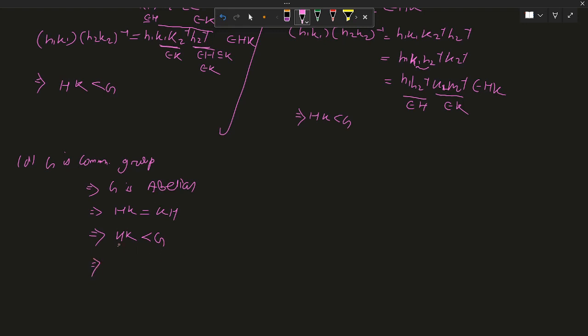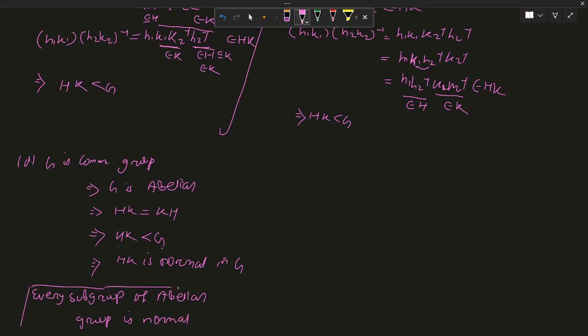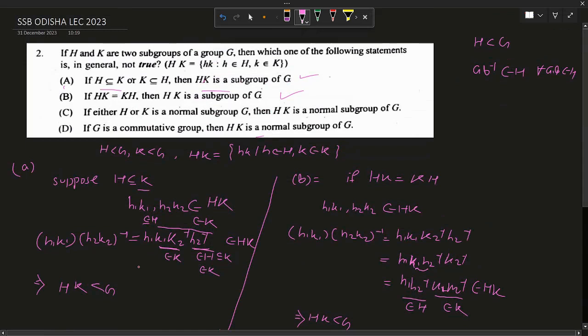Okay, since HK is a subgroup of abelian group G, HK is normal in G. Remember these things: every subgroup of an abelian group is normal. Okay, so remember this always. Therefore option D is true as well. So only option C is left.